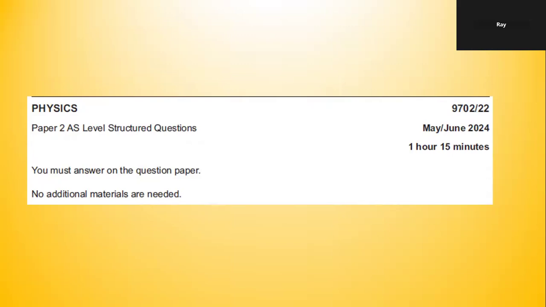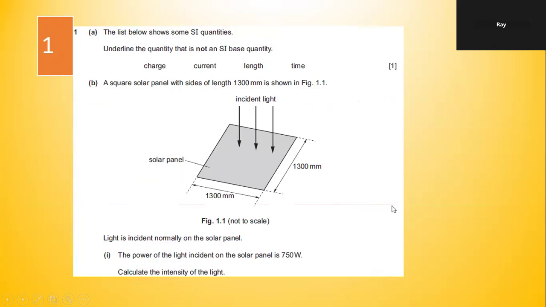Okay, let's go to paper 2. What's the answer for A? Yeah, paper 2. And then B is your definition for intensity. Put in your values.